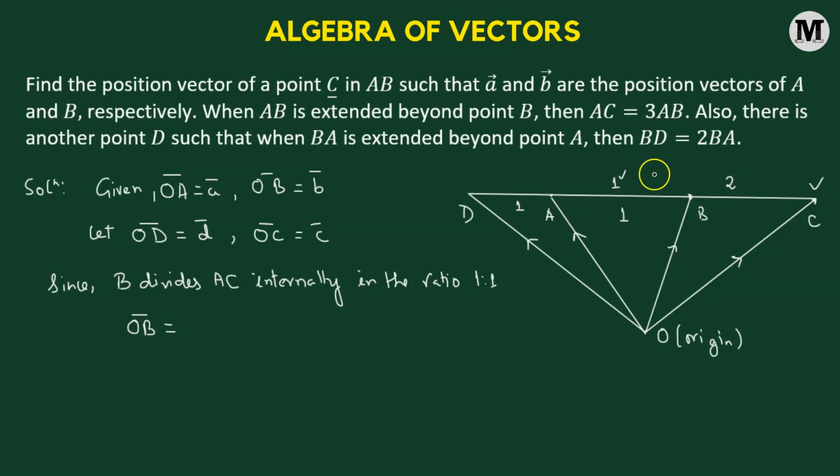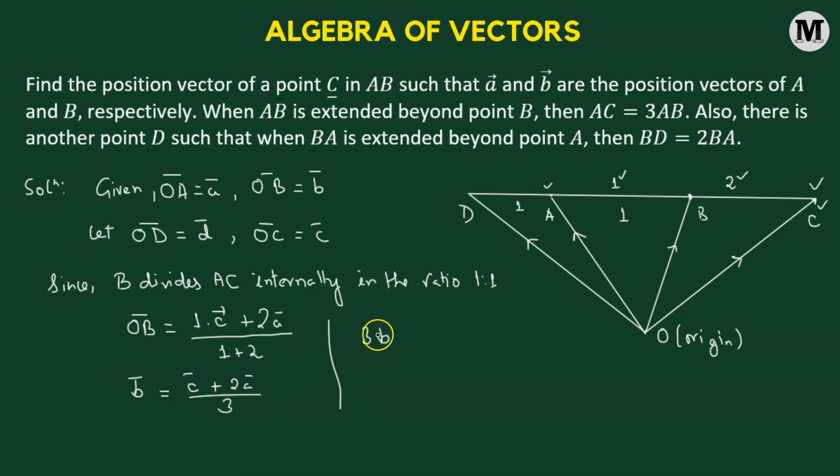All we have to do is take 1 and multiply it with the position vector of point C, so we have 1 times c vector, added to 2 multiplied with the position vector of point A to get 2a vector, whole divided by 1 plus 2. Now OB vector is simply b vector, where b vector equals c vector plus 2a vector divided by 3. So cross multiplying gives us 3b vector equals c vector plus 2a vector.